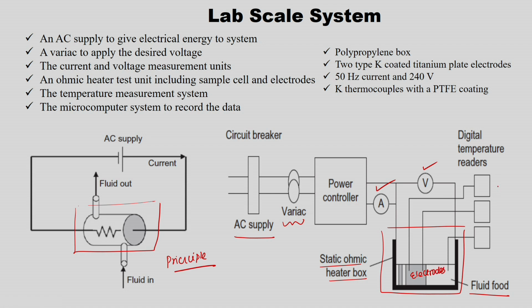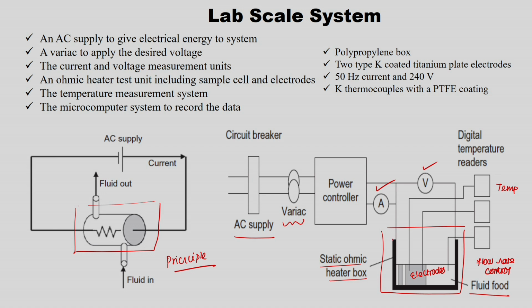And we have a temperature measurement system, and if you have a fluid food, then you may have flow rate control as well. To record all the data, temperature or flow, you will have a microcomputer system as well.